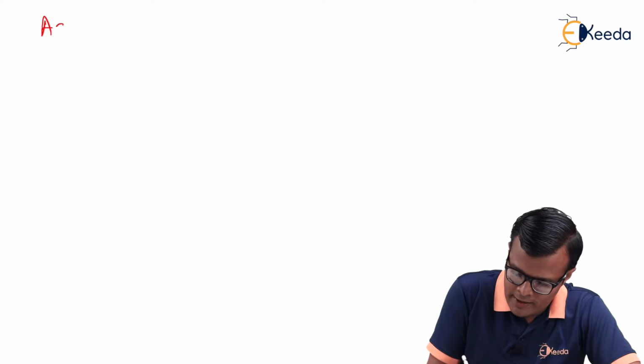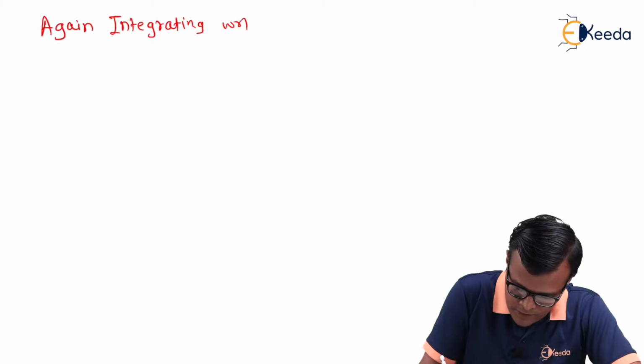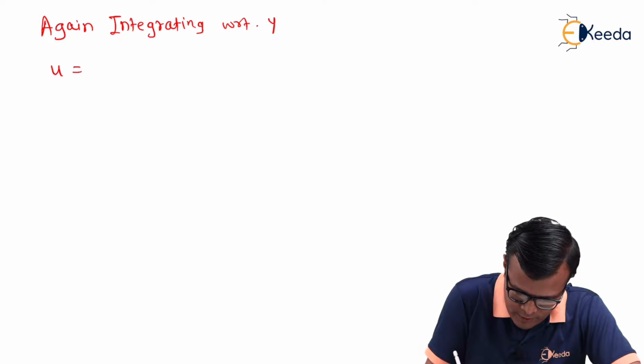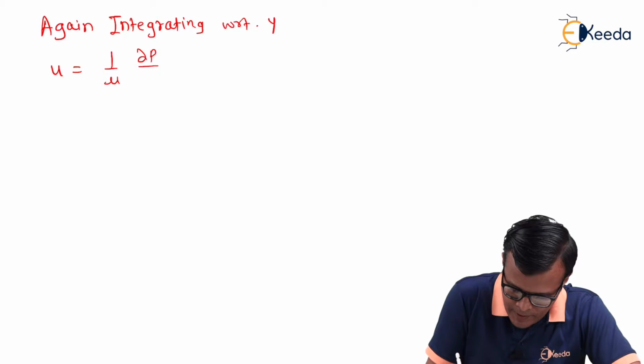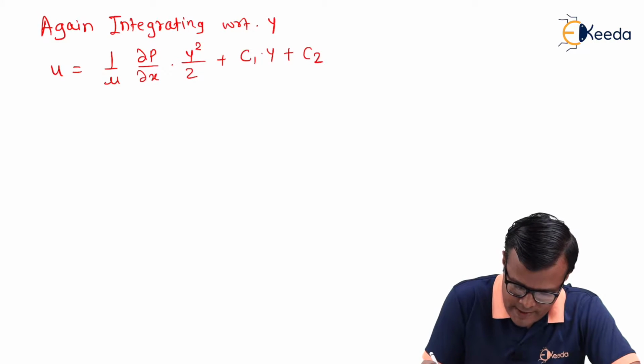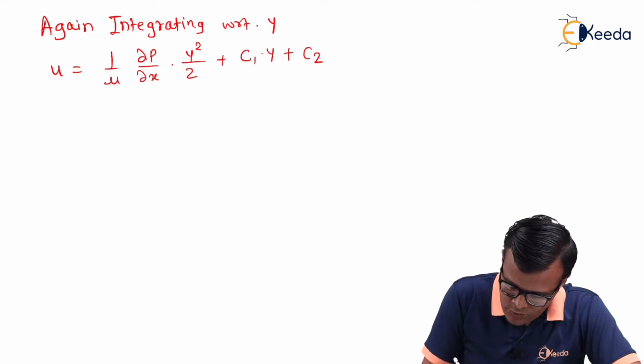So again integrating with respect to y, we have u is equal to 1 upon mu delta p by delta x into y square upon 2, plus c1 into y, plus another constant introduced as c2.